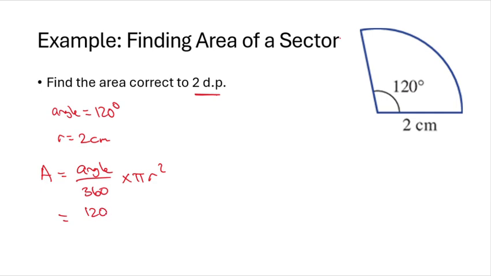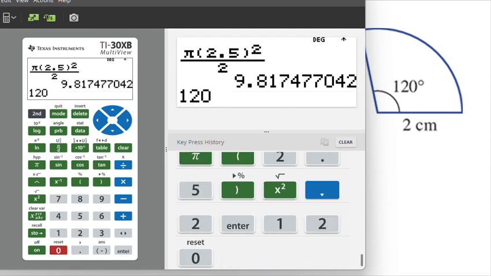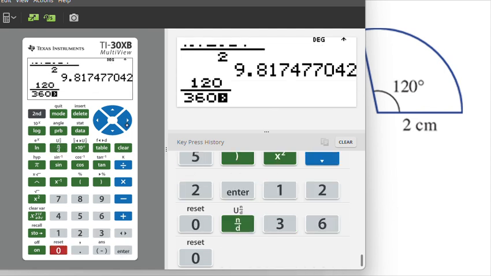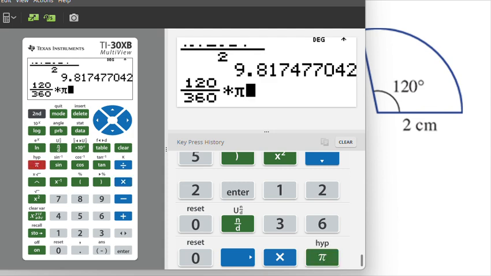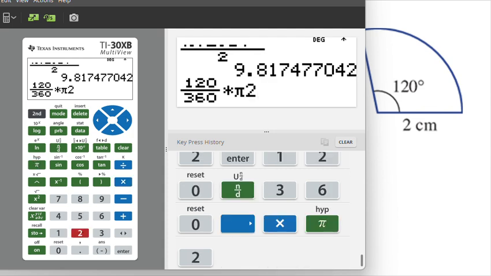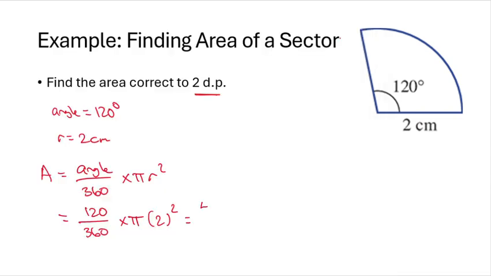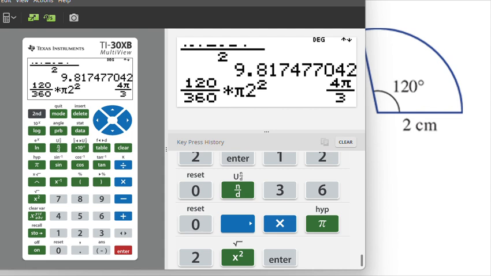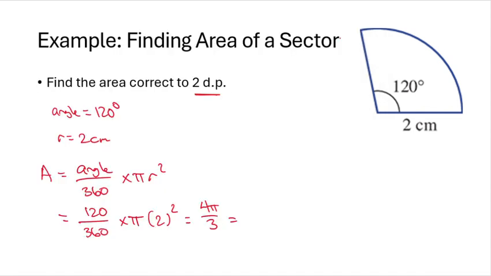And now when you substitute stuff in, if you type that in your calculator, so 120 over 360 times pi times 2 squared, you end up with 4 pi over 3. And then if you write that in decimal places, it's 4.19, okay? So 4.19 centimeters squared, just like that.